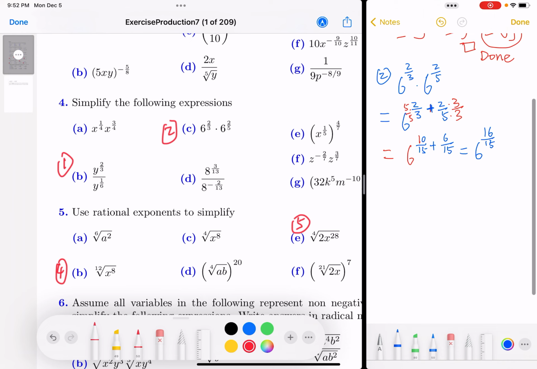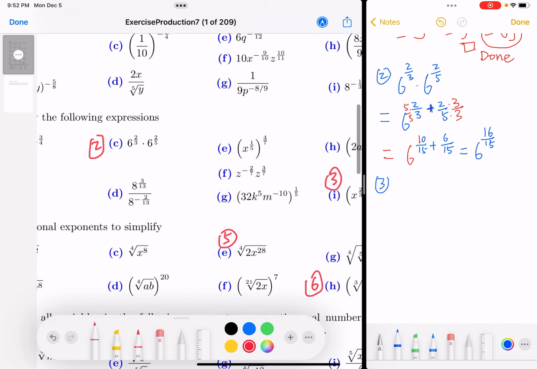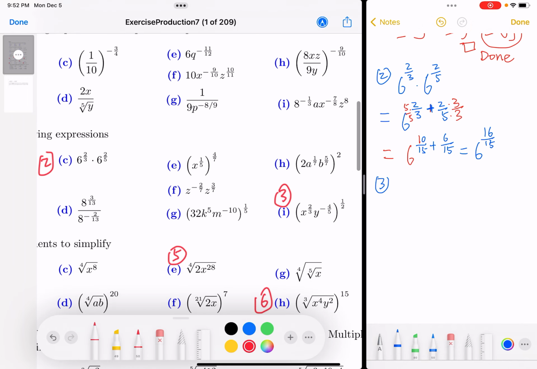Okay. Question 3. Question 3 is the one right here. So what we want to do is simplify. We first copied x to the 2/3 and then times y to the negative 4/5, and then 1/2.